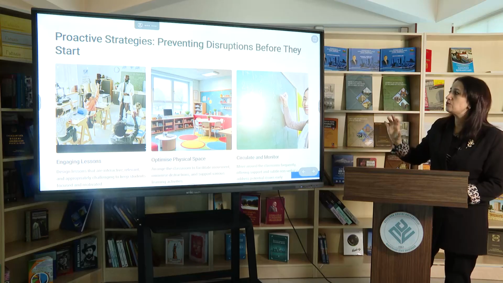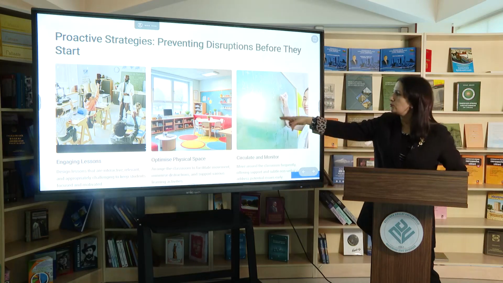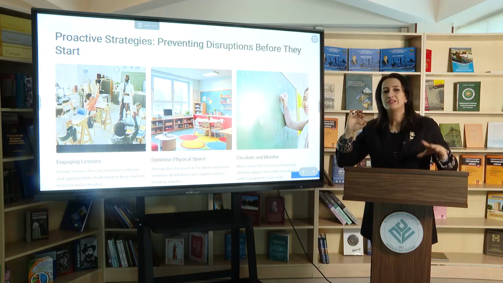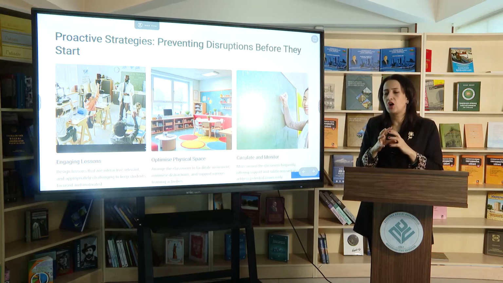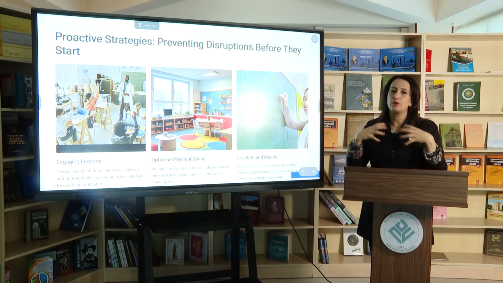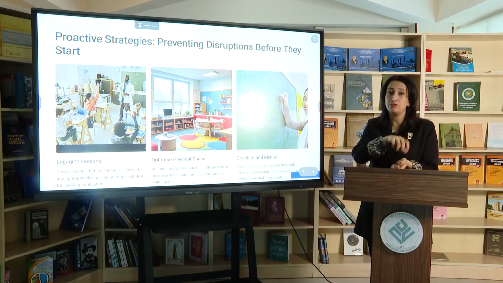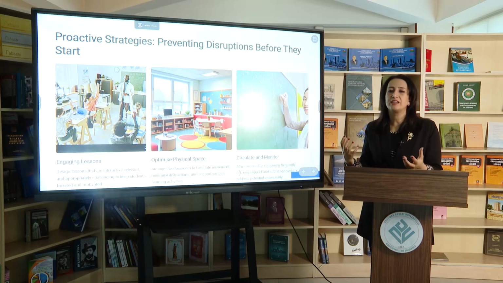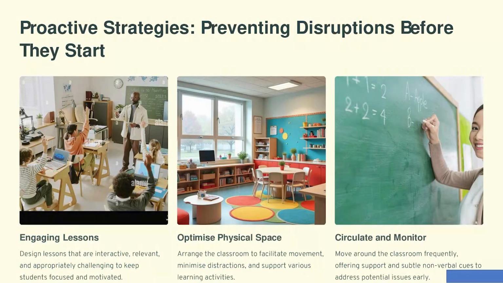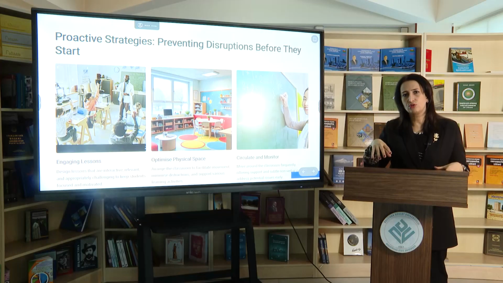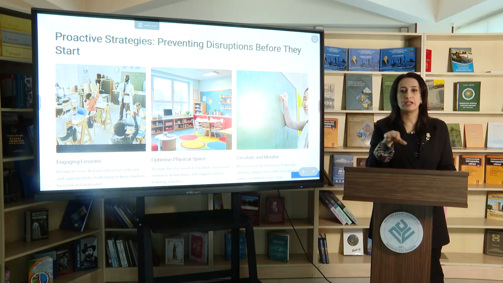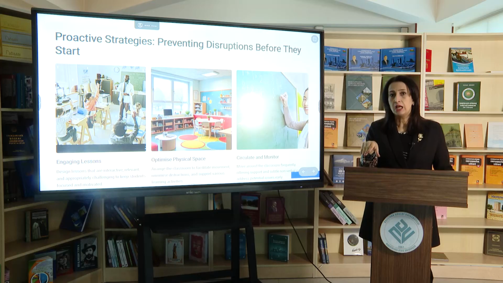And we need optimized physical space. As we have seen from the picture, they need such a kind of classroom in which they feel better, they feel relaxed and secure. That's why sometimes teachers circulate in the classroom, or they try to monitor everything in the class.